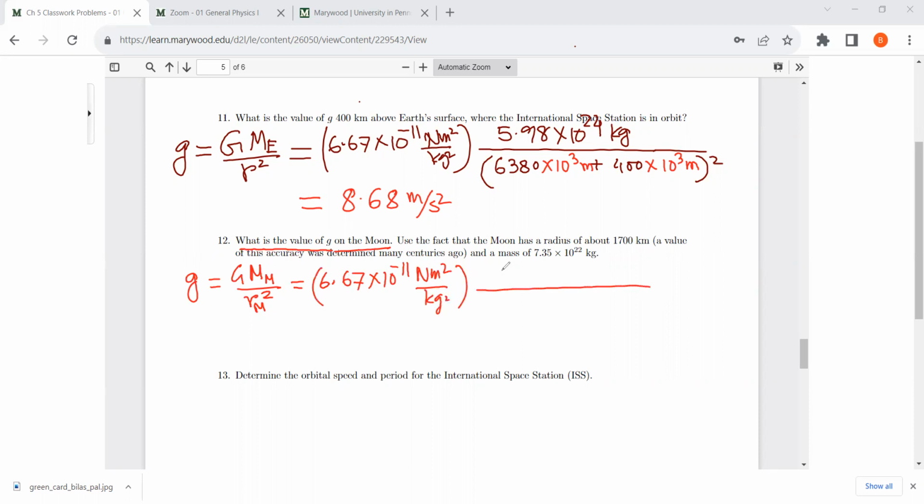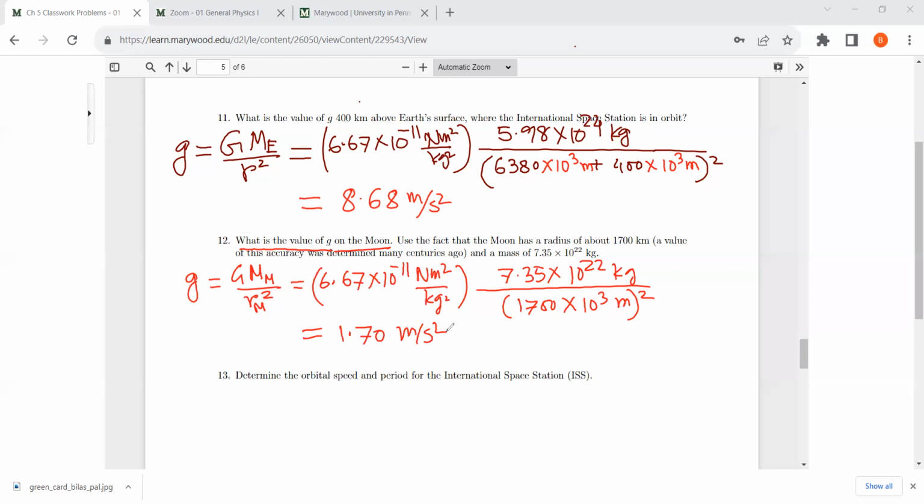And the mass of the moon is 7.35 times 10 to the power 22 kilogram, and the radius of the moon is 1700 kilometer. Kilometer means 10 to the power 3 meter, and make sure you use a square. Plugging all these values into your calculator correctly, it should give you this value.